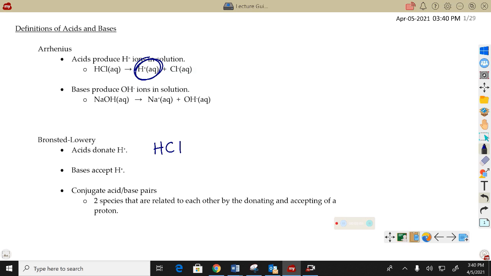Now, if I think about a hydrogen acceptor, what do we mean by accepts hydrogen? Well, when I think about a base like sodium hydroxide or anything that contains hydroxide, the hydroxide ion can react with hydrogen and produce water.